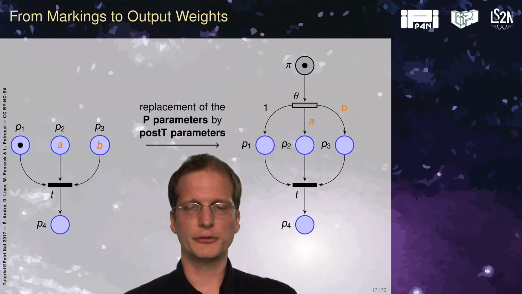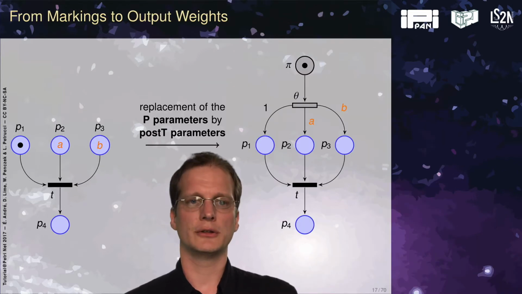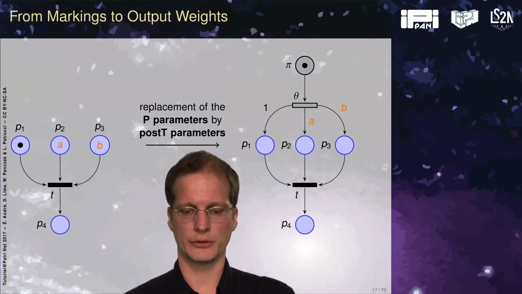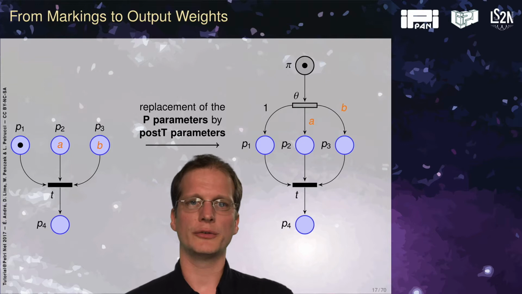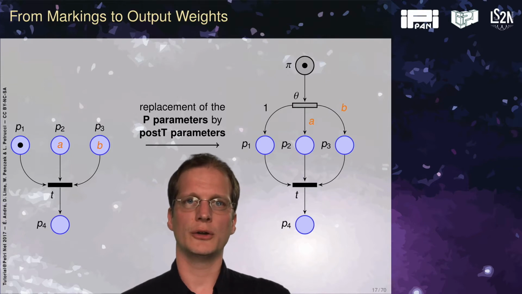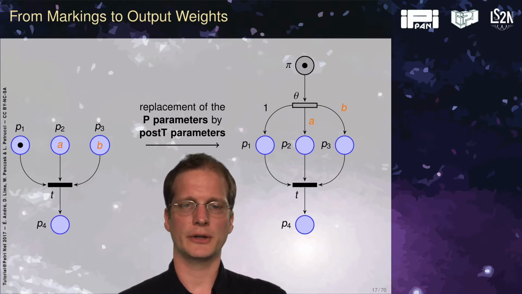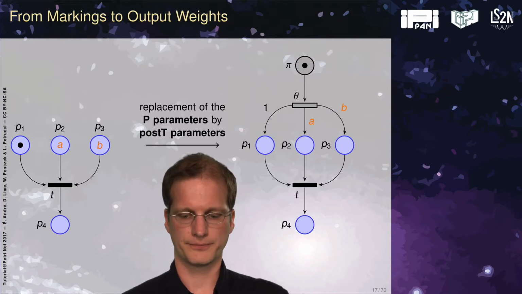So there are a few relations that were not shown in the previous picture. So we will now see how there is a relation between initial parameterized marking and output parameters.